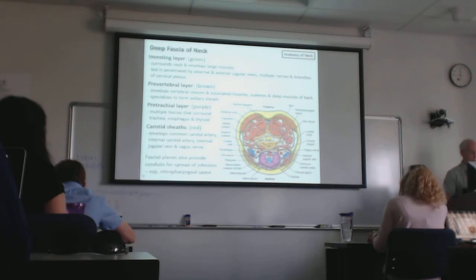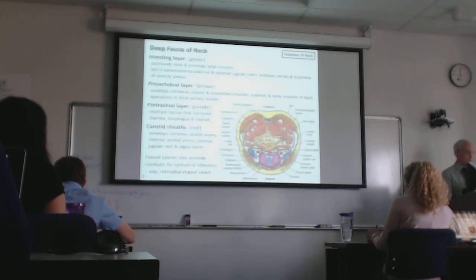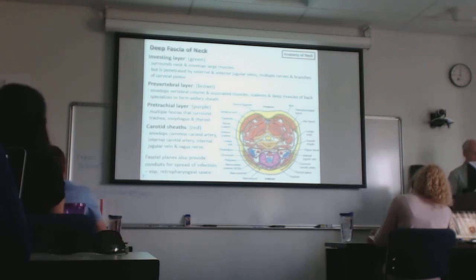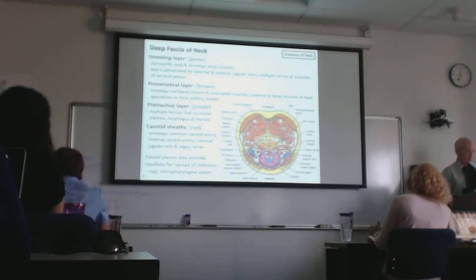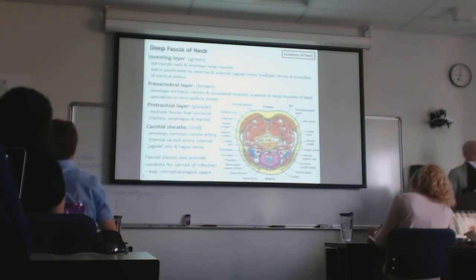So, posteriorly, you can see you have this muscular compartment along with the vertebra. And you can see surrounding that are these green fascial membranes that are sometimes just called investing layers of fascia. These are the fascial membranes that, for the most part, encase the musculature of the neck.